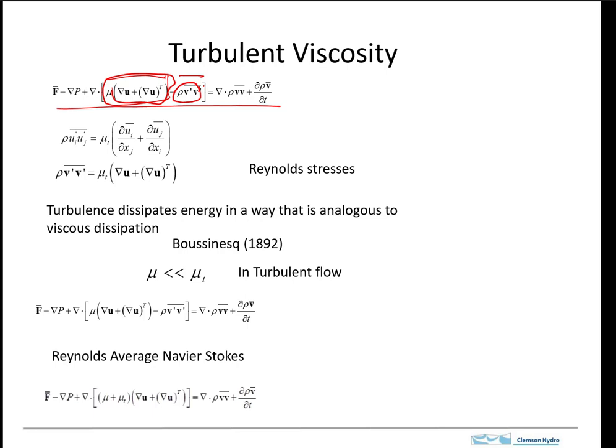We've got this whole cascading size from large to small of these eddies, and at the very smallest scale, the turbulent eddies dissipate energy as viscous losses. So conceptually it seems reasonable to treat this as analogous to viscous dissipation.